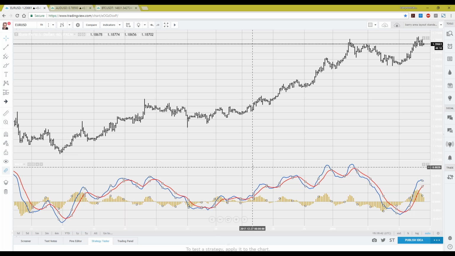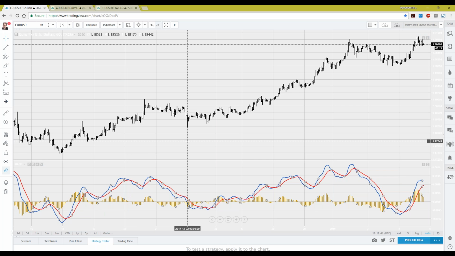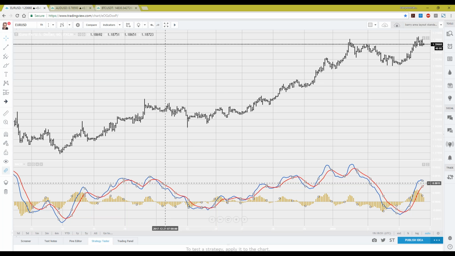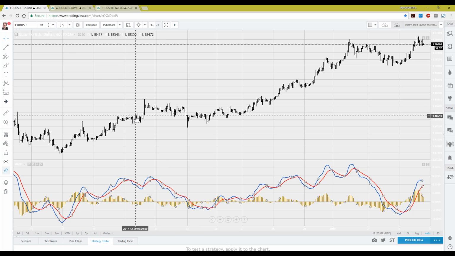But you need to know always which one is your signal line and which one is your MACD line. So in this case, we made the blue the MACD line and the red the signal line. The MACD line is simply a subtraction of what the moving averages would have been on this chart, the 12 and the 26.